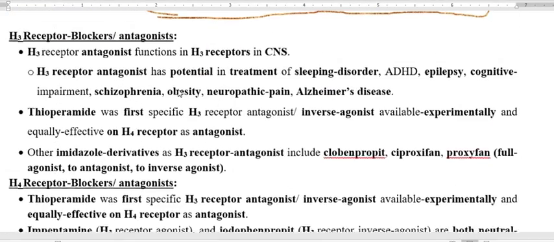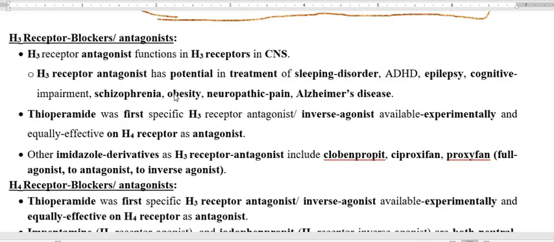Now we have to go through the H3 and H4 receptor blockers. These blockers are less explored and still in the experimental stage, and you can say they are not in use. Even so, the drugs coming under these H3 and H4 receptor antagonists may have potential for the treatment of sleeping disorders, ADHD, epilepsy, cognitive impairment, schizophrenia, obesity, neuropathic pain, and Alzheimer's disease.